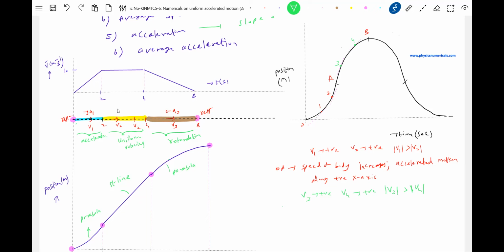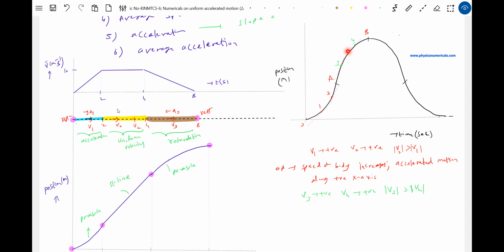It is decreasing, no? Earlier the slope was increasing. The speed of the body increases; the symbols changed a little bit. Slope at 2 is more than at 1, so the speed of the body keeps on increasing. So it is said to be accelerating. Now, slope at 3 is more than at 4.